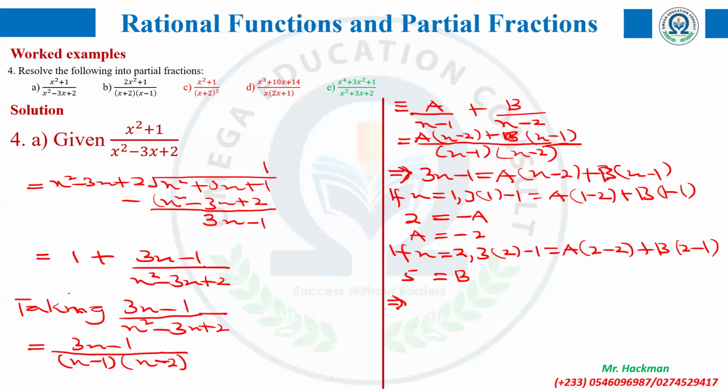So I will say that this implies that whatever I resolve, which is 3x minus 1 all over x squared minus 3x plus 2, will be equal to, okay, so what is A? A is negative. I cannot start with A. Okay, so I'm going to start with B. However, I can advise you, if it is negative, you can start with the negative, because are you concluding with it?